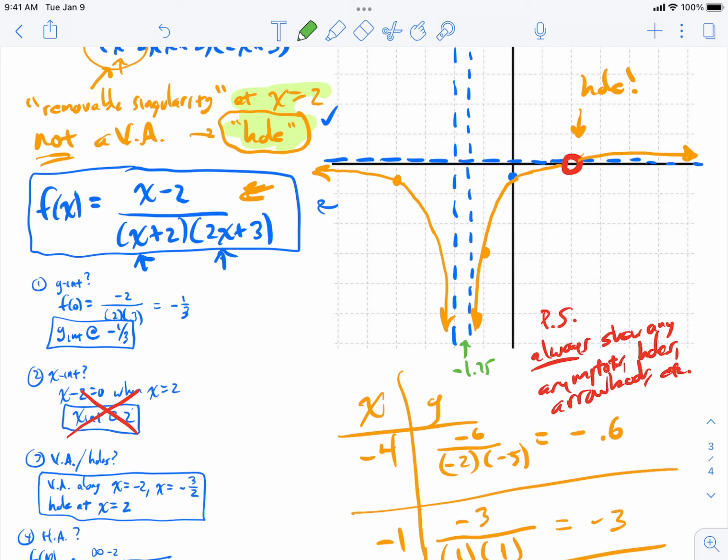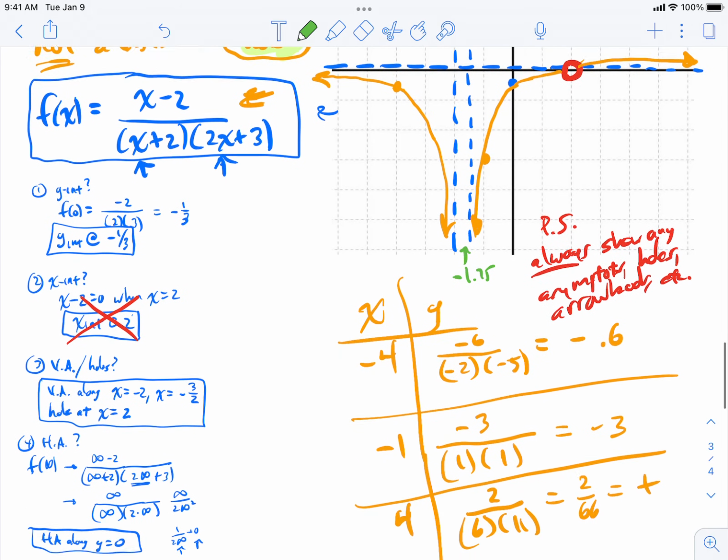We're either up above the axis doing something like this, or we're down here doing something like this. Again, there are no x-intercepts there, so we're not crossing. We have to glom on to both asymptotes. So it's either this U-shape up here, or this U-shape down here. Which is it? You just plug in another value of x to find out.